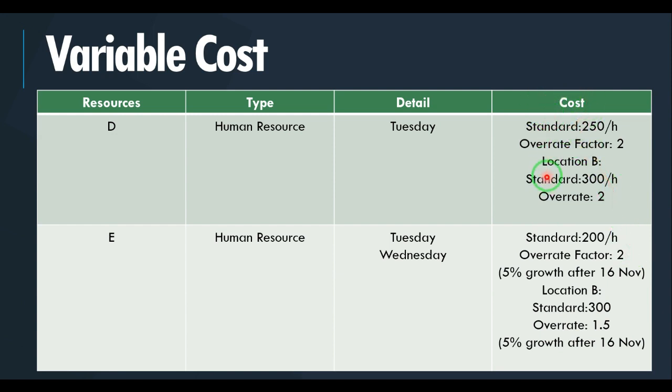In this scenario, we just consider that some activities are executing in different locations, and because of those locations we have different costs. Now we want to see how we can define different costs for the same resource in the Primavera software, and how we can allocate these different costs in our project.